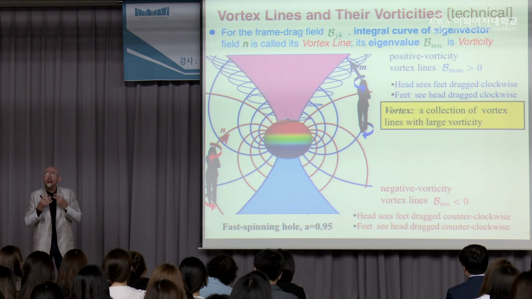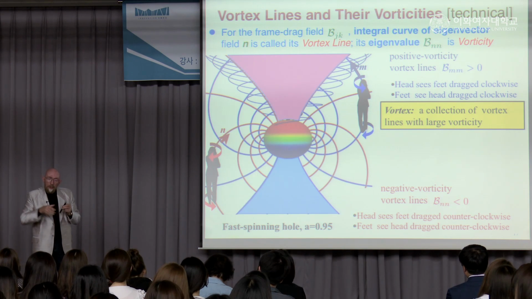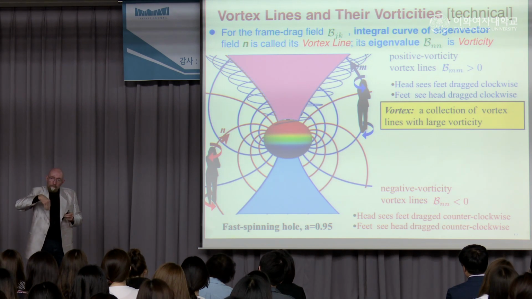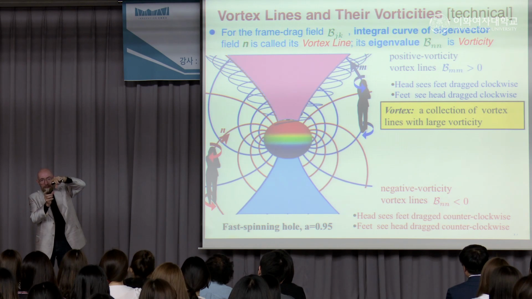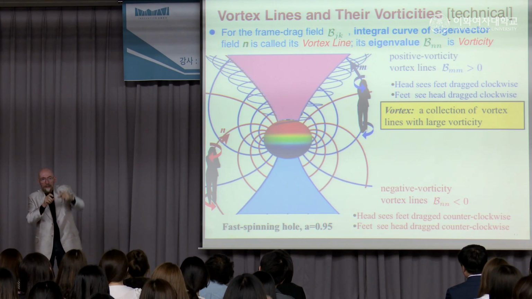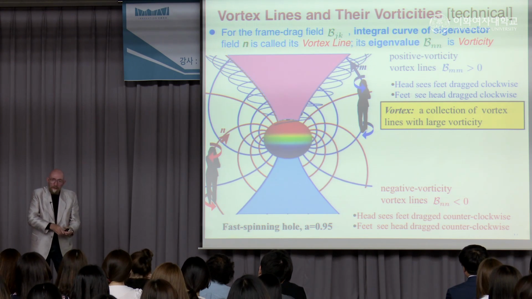So if I just back up for a moment and say it more simply, when a black hole spins, it has a vortex of twisting space that comes out of its north pole, and it twists things in a counterclockwise way. A vortex sticking out of its south pole twists space in a clockwise way.